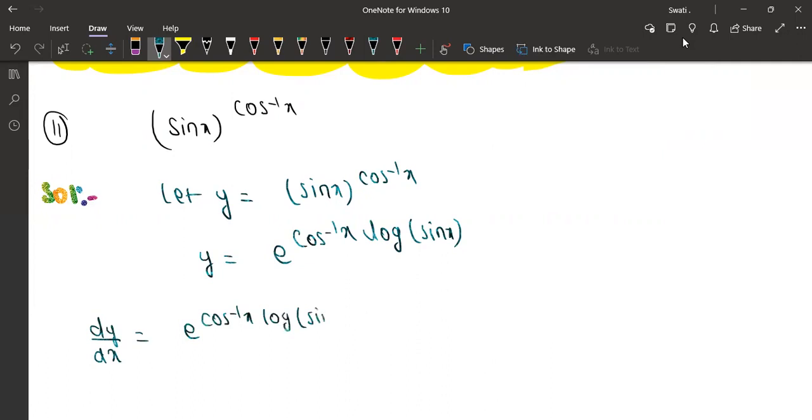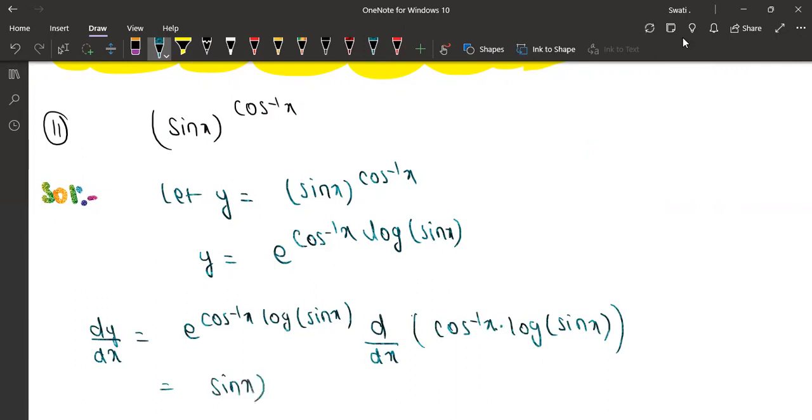And then using the chain rule, it will become multiplied by the derivative of this function, that is cos inverse x log of sin x. So now we can write down this function as the question only. We can just rewrite it. So sin x raised to cos inverse x.